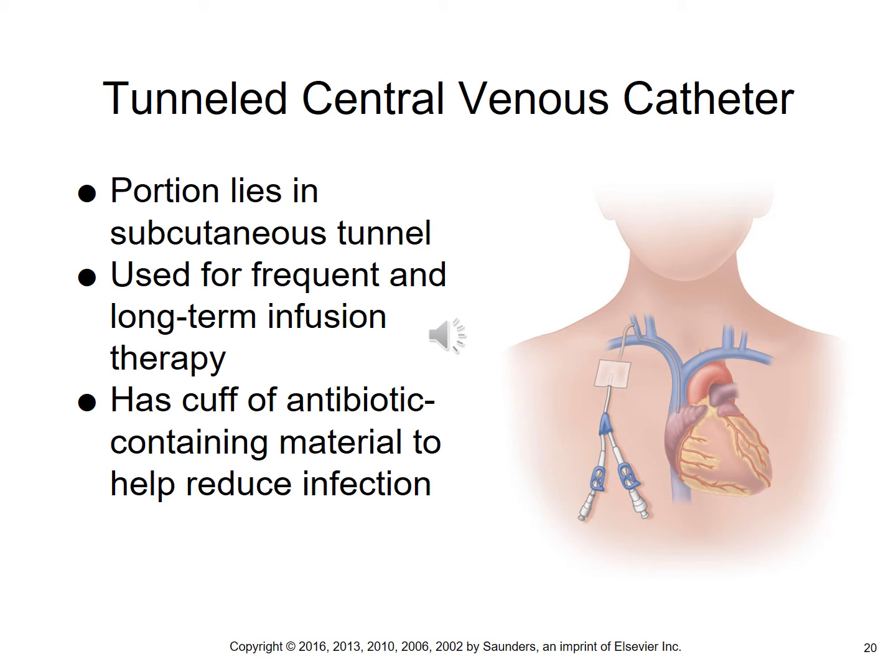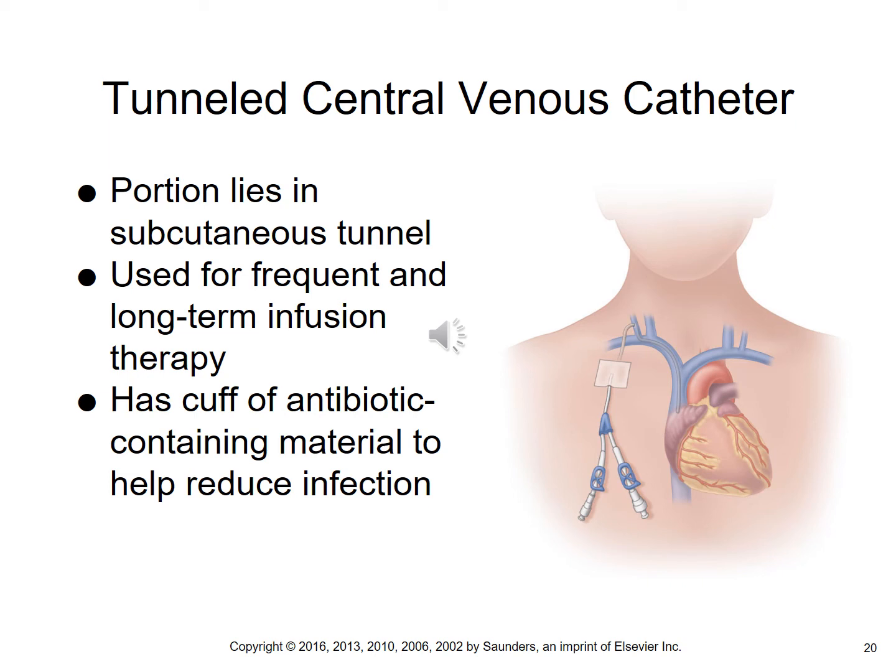This is oftentimes utilized in patients that are going to have frequent and long-term infusion therapy. But a good thing about this is that the cuff, the outside cuff and the inner cuff, is actually lined with an antibiotic to reduce infection. That was my first thought process with a tunneled central venous catheter: isn't it going to collect germs around the part that is outside of the skin, because the entire catheter is not inside of the vein?